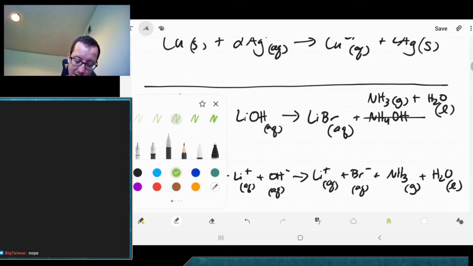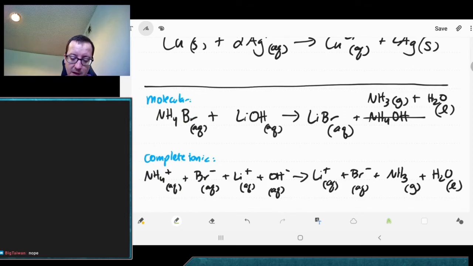If we look for spectators now, do we have ammonium on both sides? We do not. Do we have bromide on both sides? We do. So bromide is a spectator. Get rid of it. Do we have lithium ions on both sides? We do. Spectator. Get rid of it. Do we have hydroxide ions on both sides? We do not.